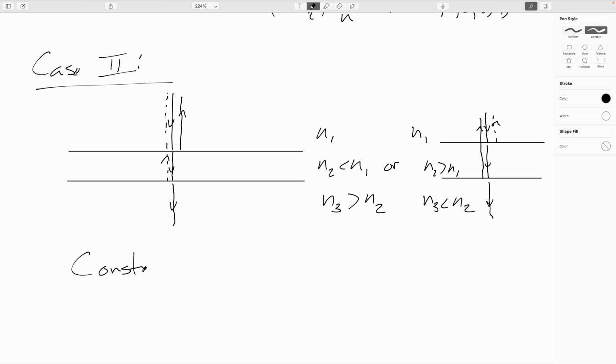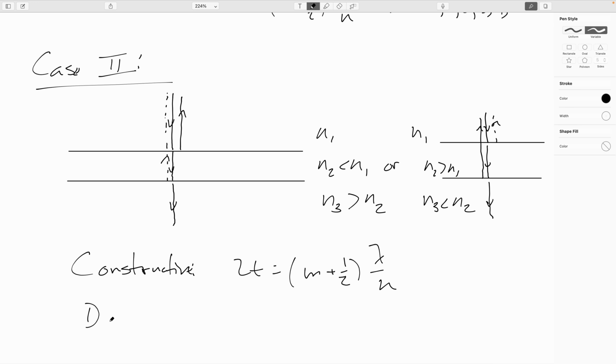So for constructive interference now, this time I need the half, 1.5, 2.5, whatever wavelengths in the film. And this is because, say, if I do a half a wave, I will be upside down. But then the fact that I inverted myself at this reflection undoes the effect of half of a wavelength round trip, or 1.5, 2.5, 3.5, whatever.